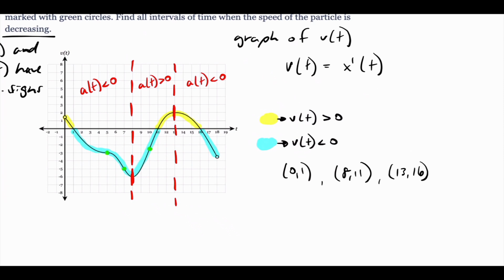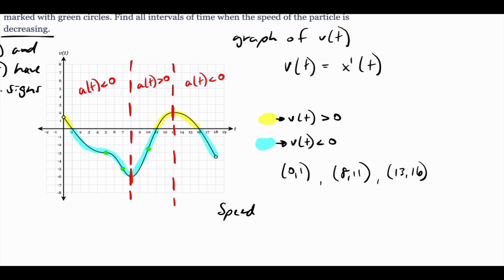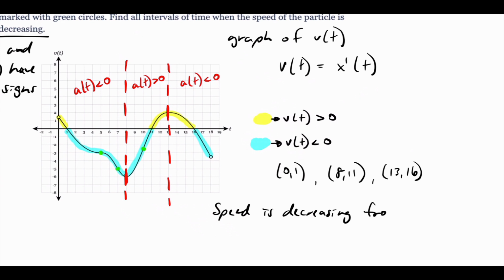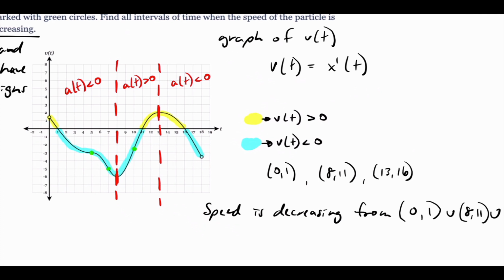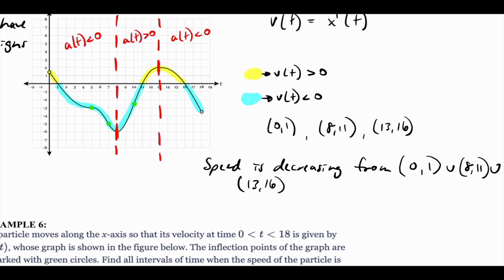So I'm going to say speed is decreasing from 0 to 1, 8 to 11, 13 to 16, because v of t and a of t have opposite signs.